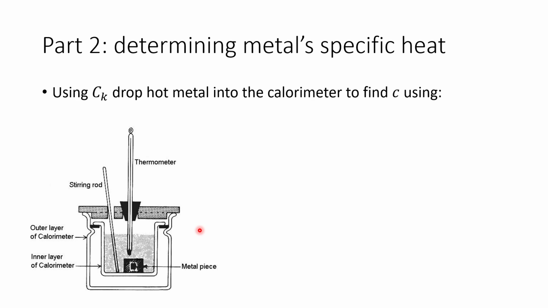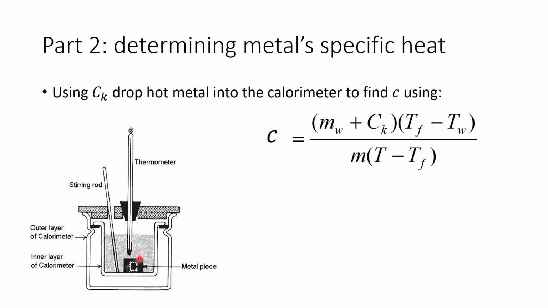Once you do that, measure the temperature of the metal piece before it's dropped into the system. Again, the water at the beginning of this part is going to be cold water, and then you drop this in. So you know from the equation that we derived previously that in order to calculate C, you need to know CK, and this equation is missing CW.